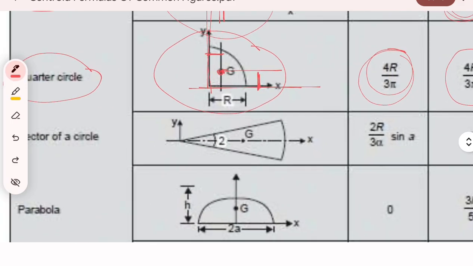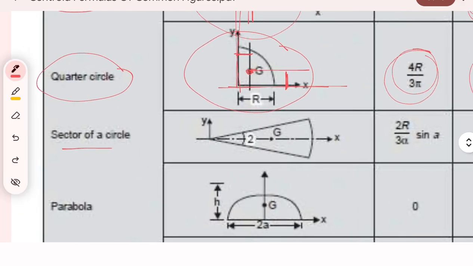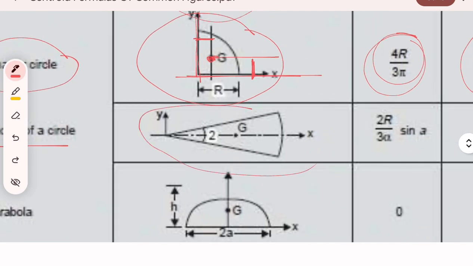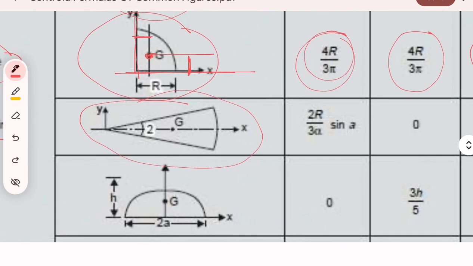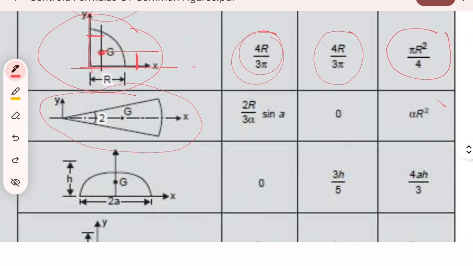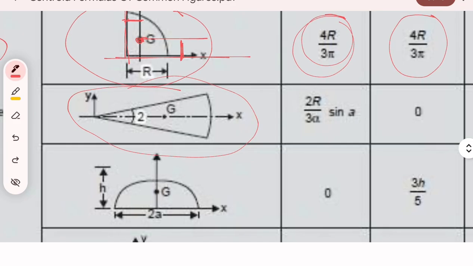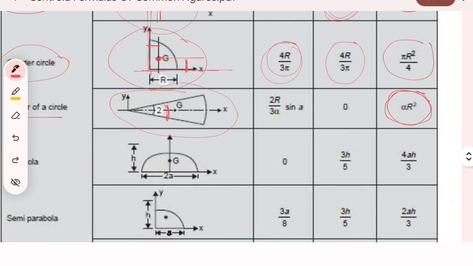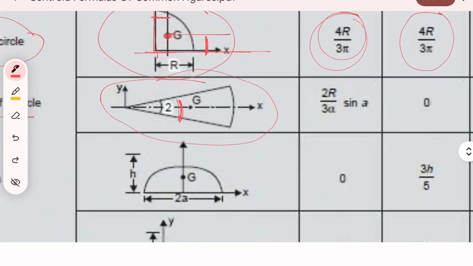What about if it is a sector of a circle? This is a sector of a circle. How would you compute the area of the sector? The area of the sector is alpha times r squared, so whatever this angle is, if this angle is given, you multiply it by r squared, and that would be the area. What about the centroid?